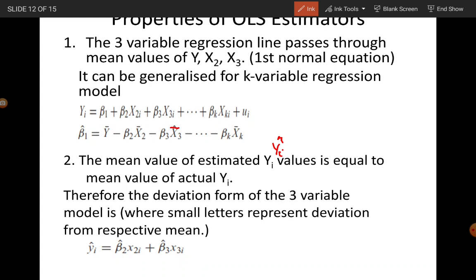This is also a property that we discussed in the two-variable regression model, and the proof is along the same lines as in the two-variable regression model. If you want, I can show it to you in this way.